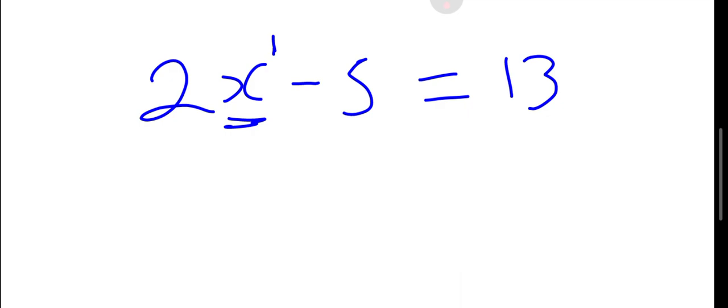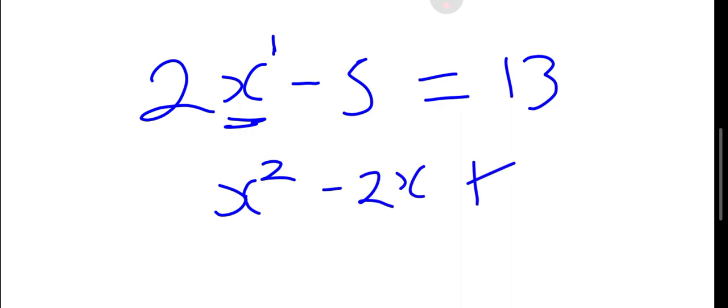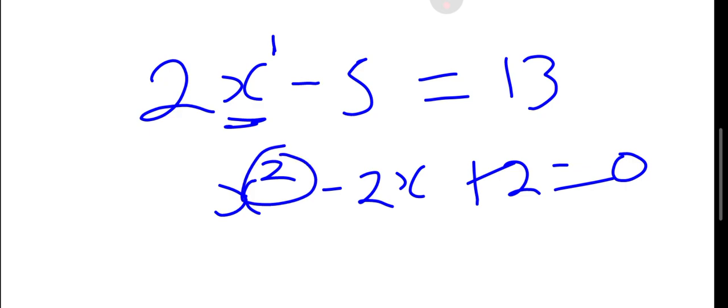In an equation where the highest power of x is 2, it's called a quadratic equation. Because the highest power of x here is 2, it's called a quadratic equation. If the power of x is 3, it's called a cubic equation, and so on. We're going to deal with linear equations for the start, and look at the rest in the future.